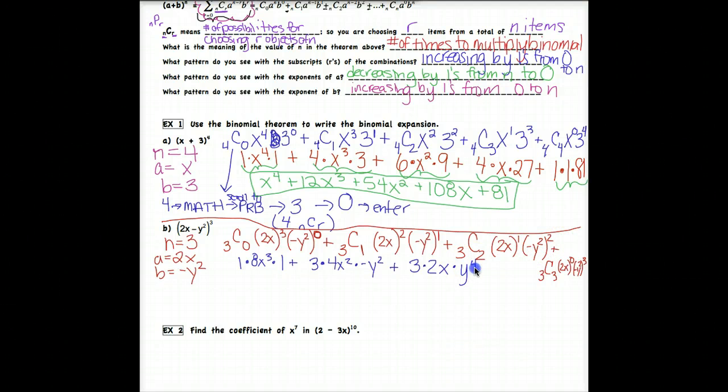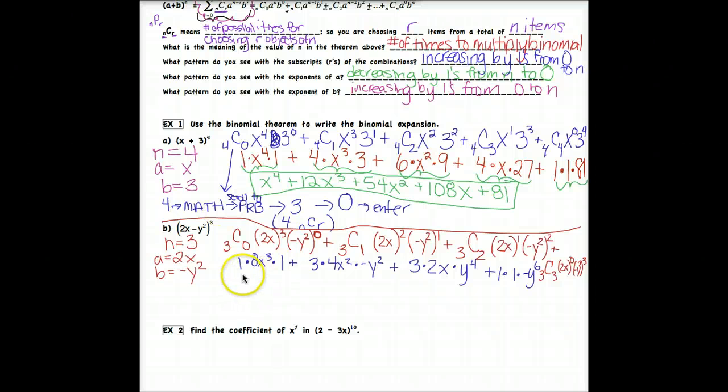So it's positive 1 y to the fourth. And then my final term down here, 3 choose 3, is 1. Anything to the 0 is 1. Again, this negative y squared, you have to cube the negative 1 also. So that's going to be negative, and then it's going to be y to the 6th.